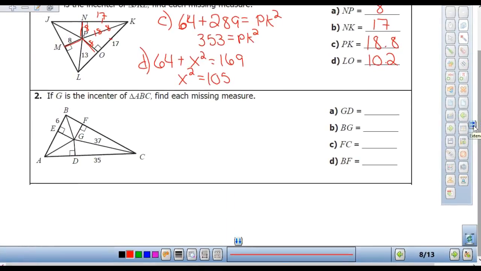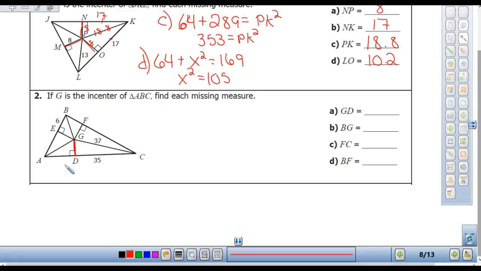All right, last one. Do we know what GD is? We don't know. So what do we have to do?